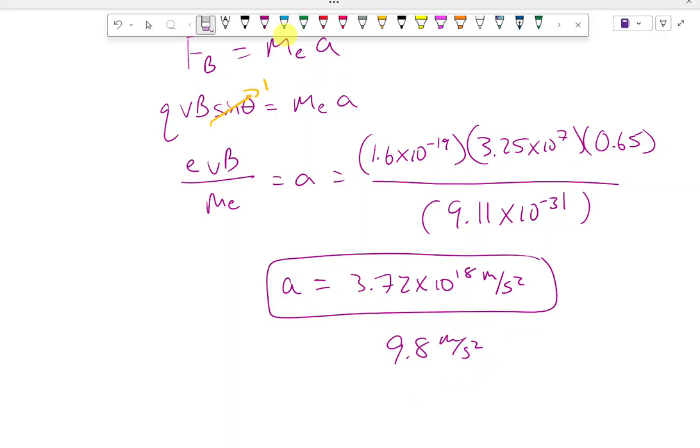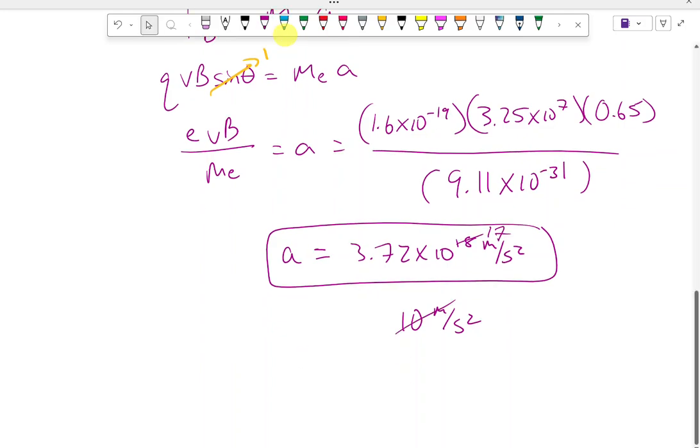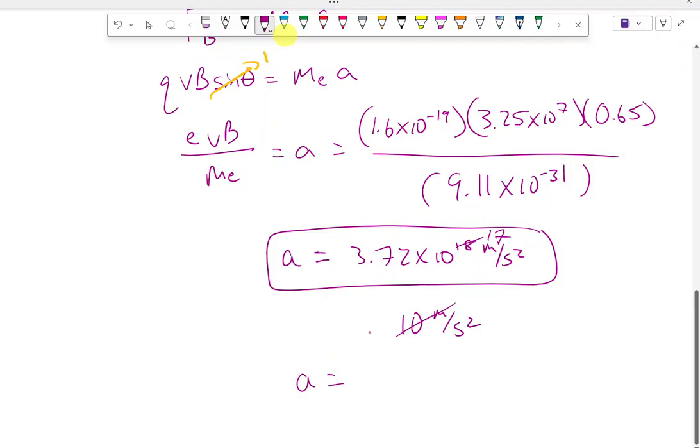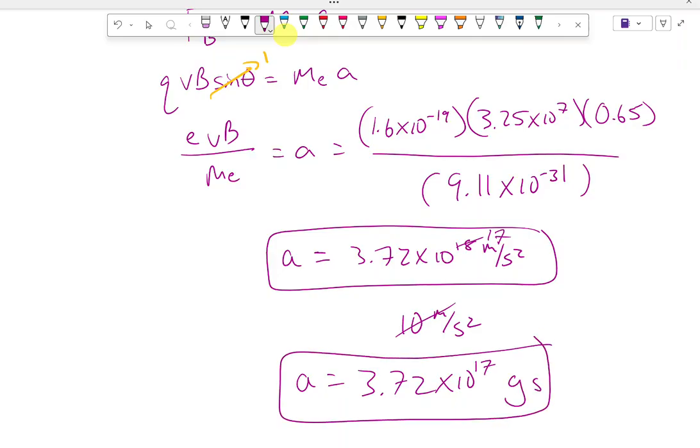To make things a little easier, I'm just going to say 10 meters per second squared. If I divide by that, it takes a power of ten out, down to 17. So in terms of g's, the acceleration is 3.72 times 10 to the 17. Oh my goodness, g's. If you're doing that, you're dead.